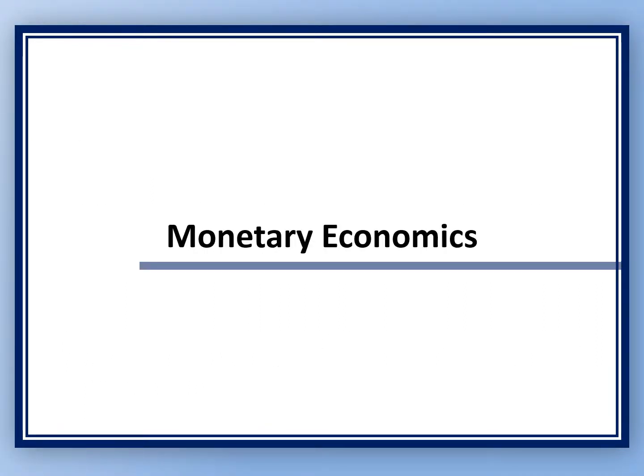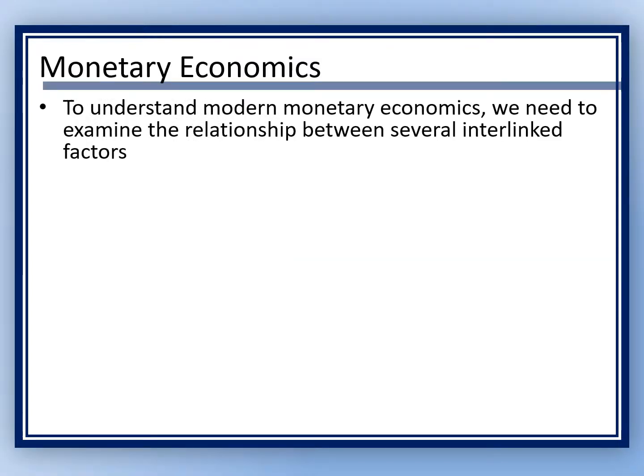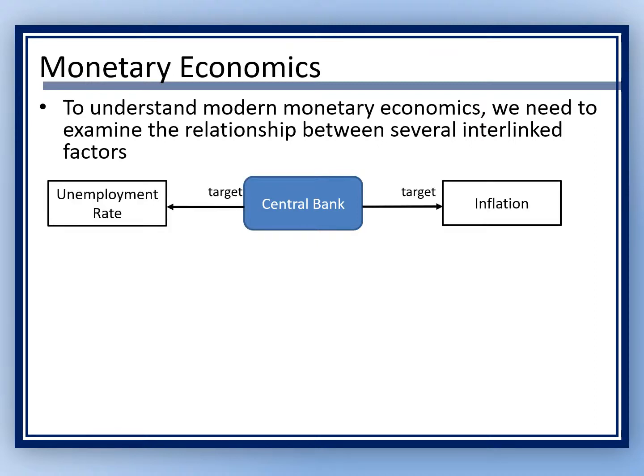Right, for the time we have left, we're just going to briefly talk about monetary economics. To understand modern monetary economics, we need to examine the relationship between several interlinked factors. First, there's the central bank, which everyone pays attention to, like the Federal Reserve or the People's Bank of China. Central banks typically have policy targets, like keeping the unemployment rate low or keeping inflation in check.